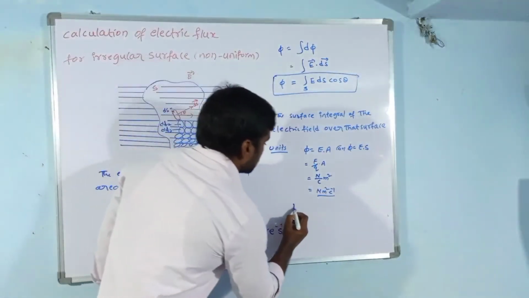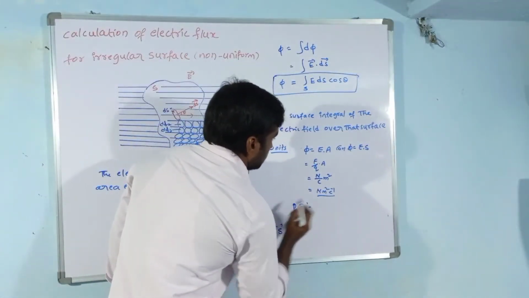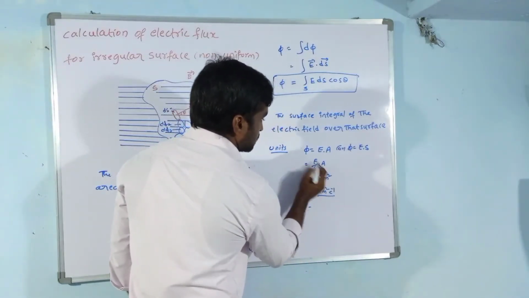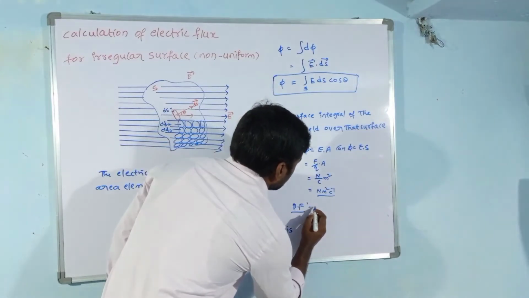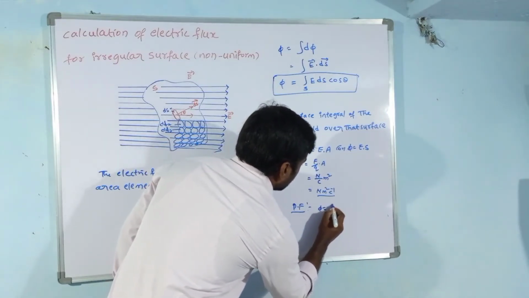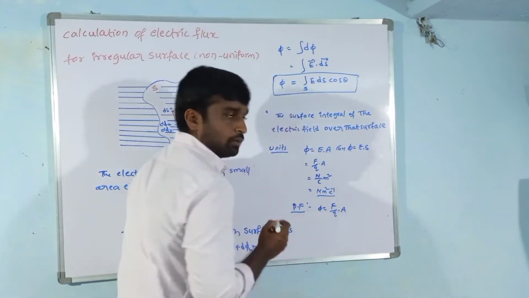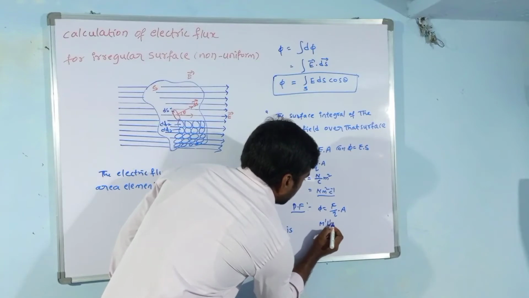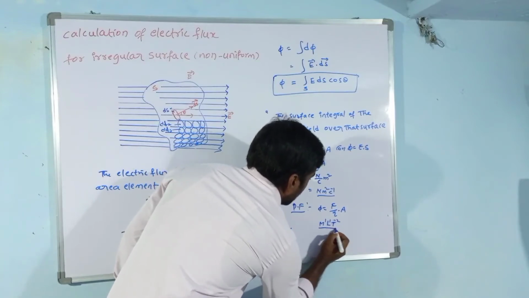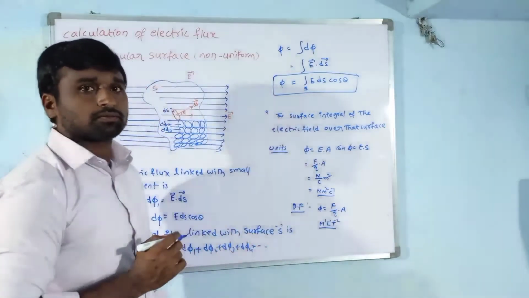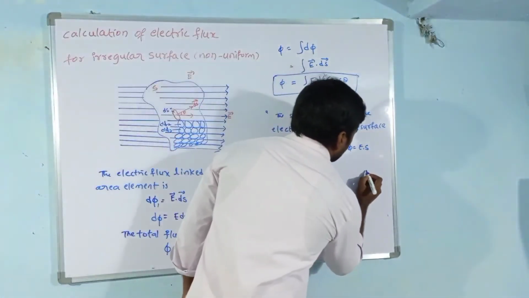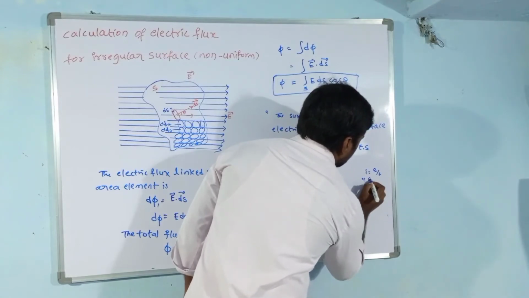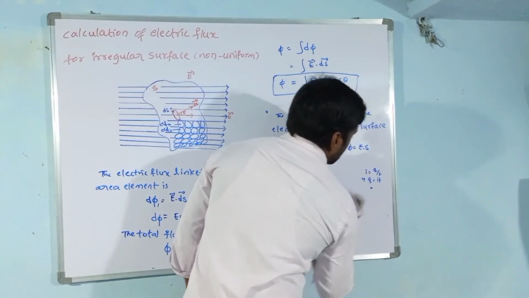Next, the dimension formula. We can find it using Φ = F/Q times A. The dimension formula of force is M¹L¹T⁻². Q is charge, and since current I = Q/T, Q = IT.